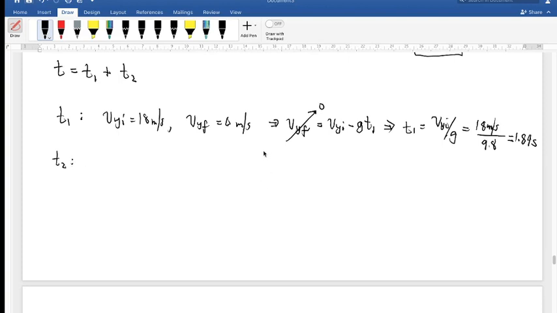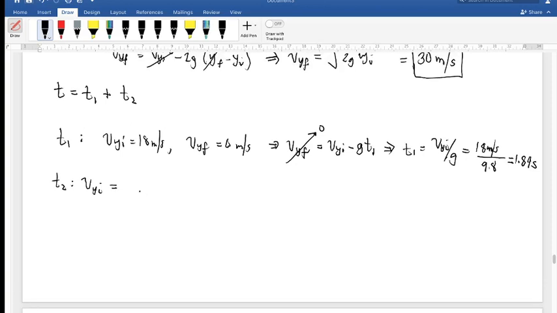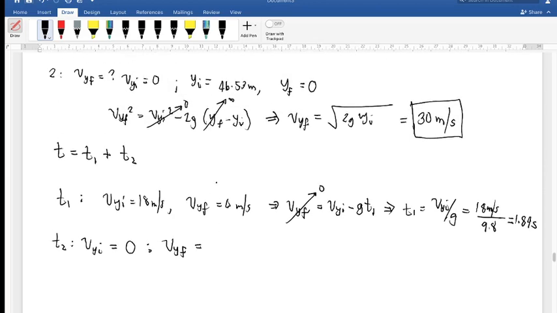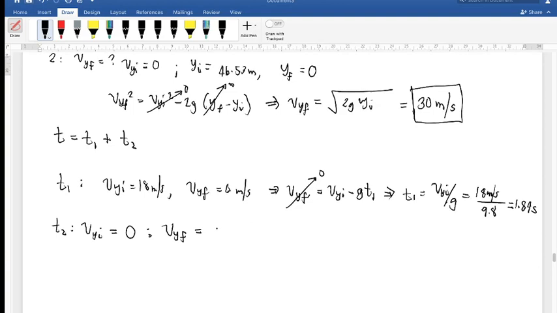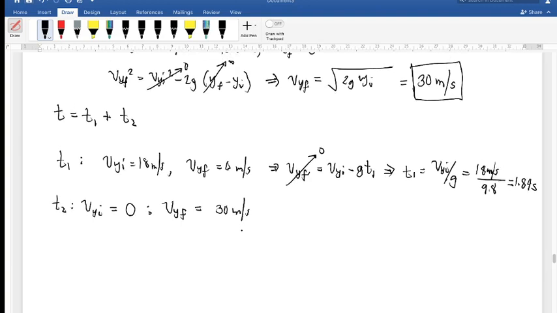Okay, so how about your T2? So again, same lang din ng same equation ang gagamitin natin, but we have different unknown. So yung vyi, the initial velocity ng T2 is yung nasa taas na yung rock, yung pinaka maximum height, meaning momentarily stop siya doon, that is 0. How about yung vyf mo? So vyf is actually the answer mo sa letter A, which is equal to 30 meters per second. So we can use this equation. So we have here vyi at saka vyf.